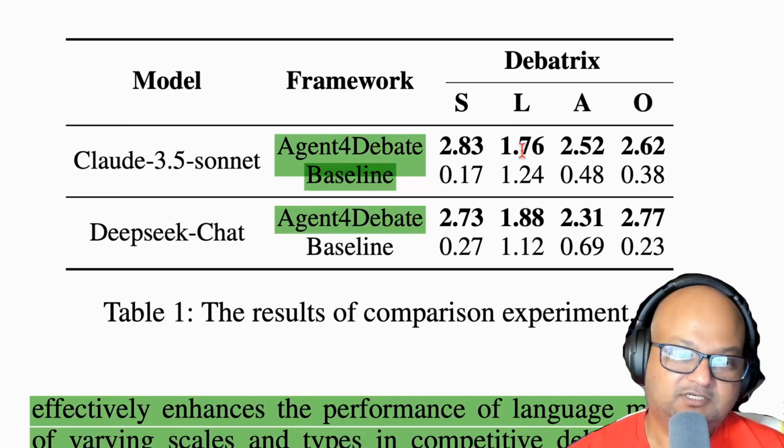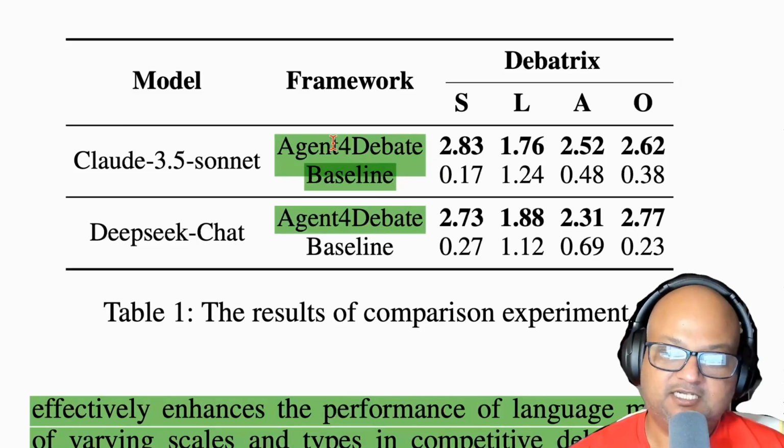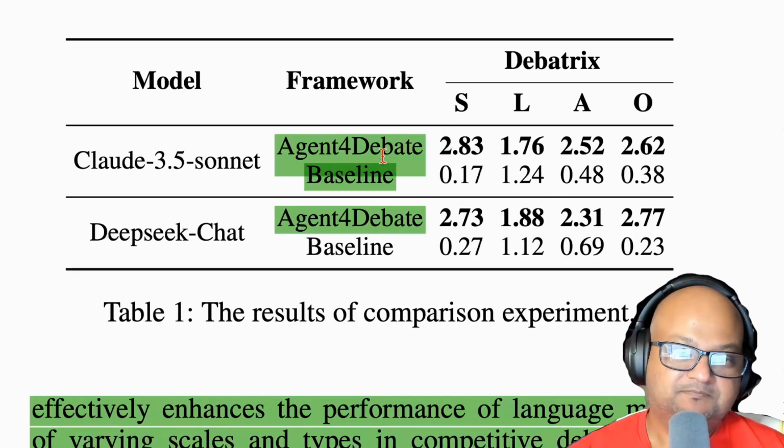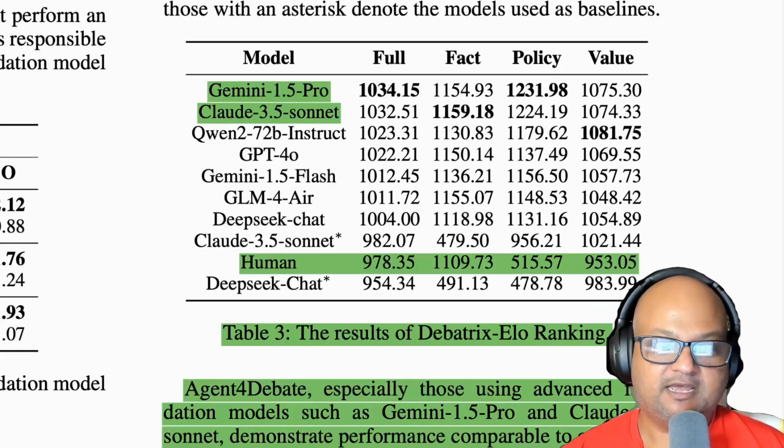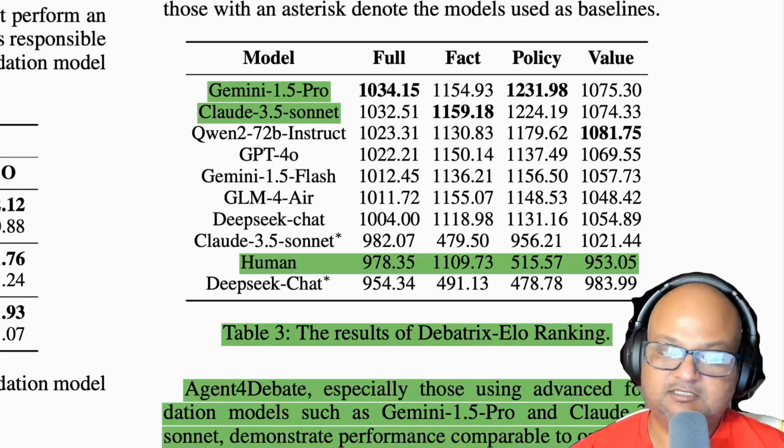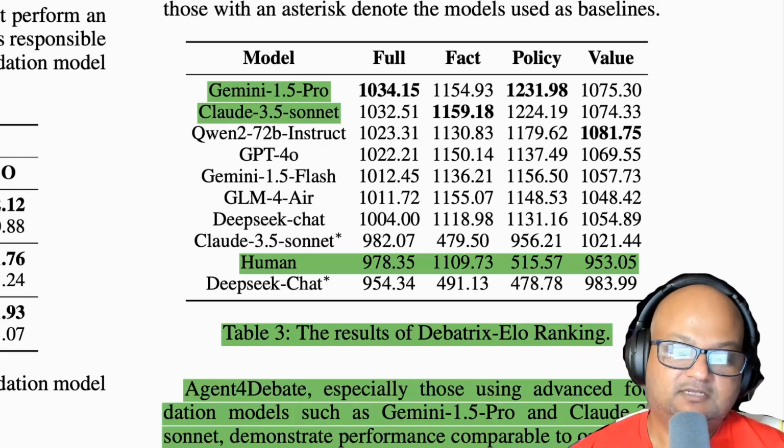Now, the very first result is to compare their agentic system against the baseline, which is an LLM without any agentic behavior. So it's not surprising to see that the agentic system, which does much more work, easily beats the baseline non-agentic system. Then if we look at how the agentic system performs based on evals, if you look at the Debatrix eval, the agentic system easily beats humans.